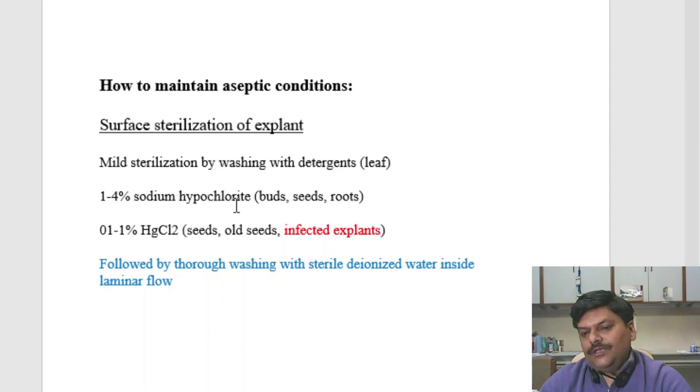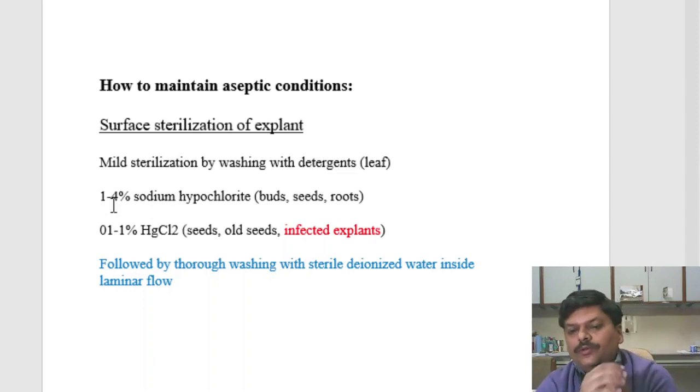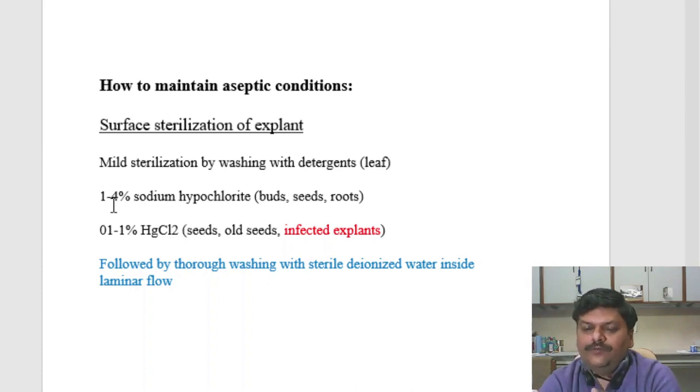Just washing our plant parts with 1 to 4% solution of sodium hypochlorite, followed by washing with deionized water, autoclaved deionized water, will surface sterilize the explant which we are using.